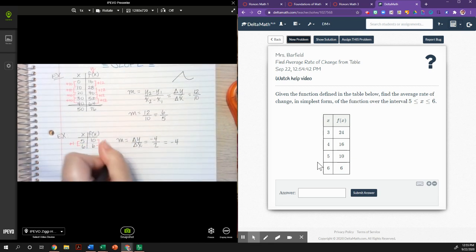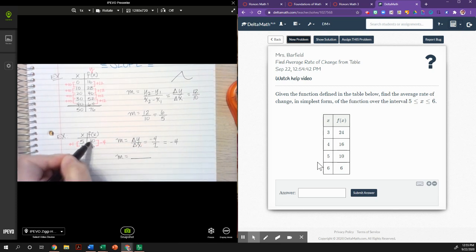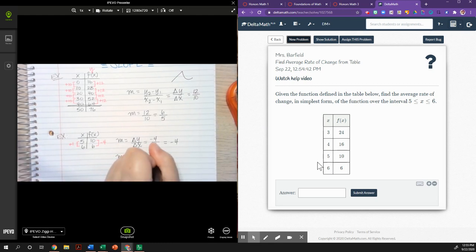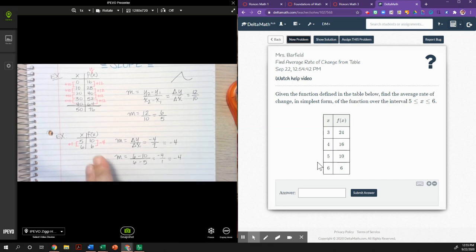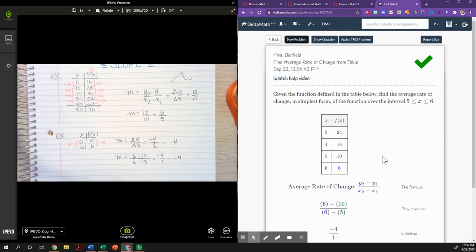But let's look at the slope formula. m equals 6 minus 10 over 6 minus 5, which is -4 over 1. I get the same answer. So I have multiple ways of trying to figure out what my average rate of change is. So -4, submit my answer, yes.